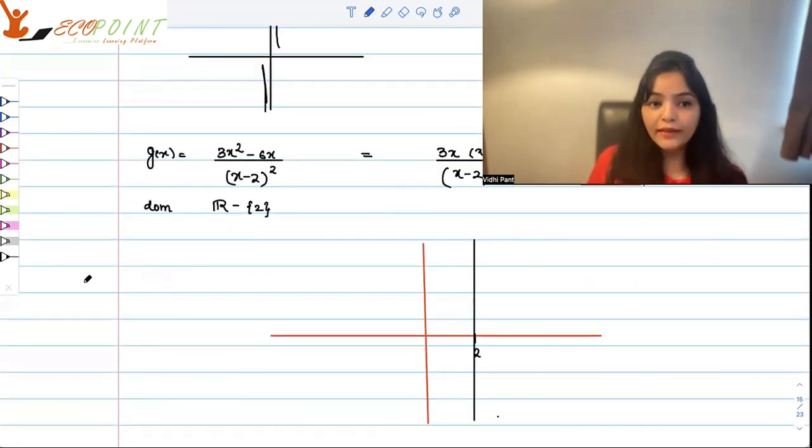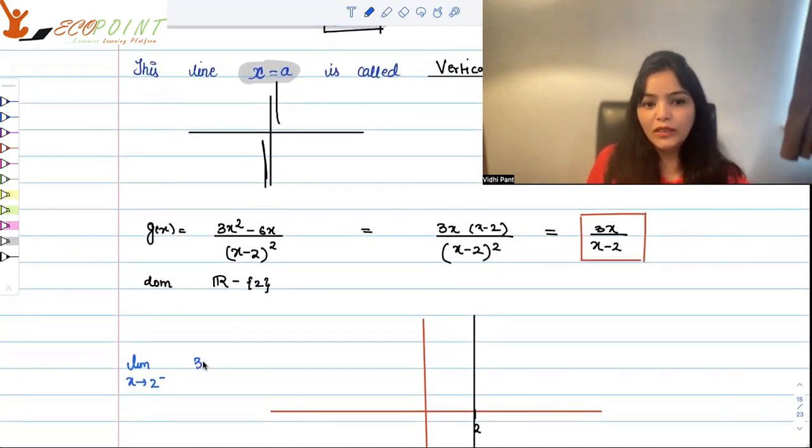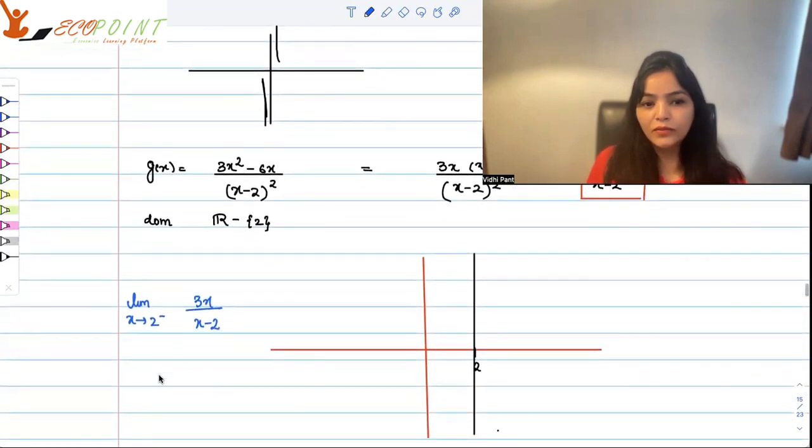Let us look at the limits from the left and right of 2. So say x tends to 2 minus, you have the expression 3x upon x minus 2. And from the right, you will have the expression x tends to 2 plus, 3x upon x minus 2.